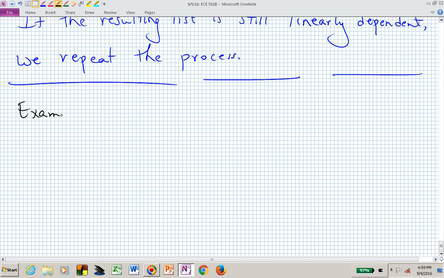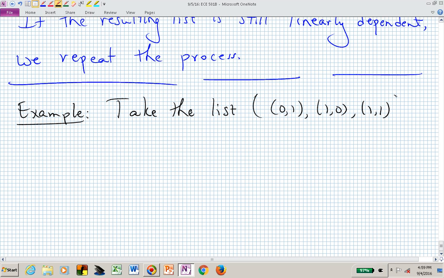As an example, suppose we start with one of the lists that we had done in our previous examples. Take the list that has 3 vectors in it, (0, 1), (1, 0), and (1, 1).